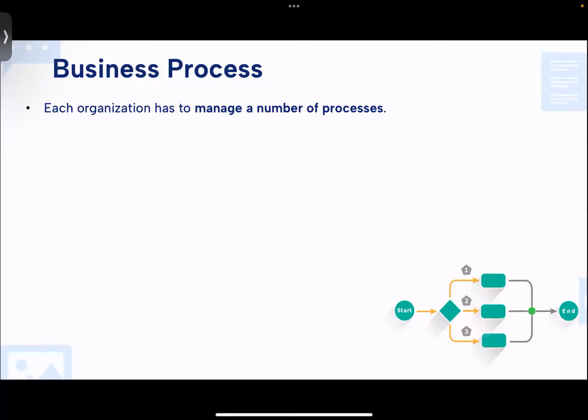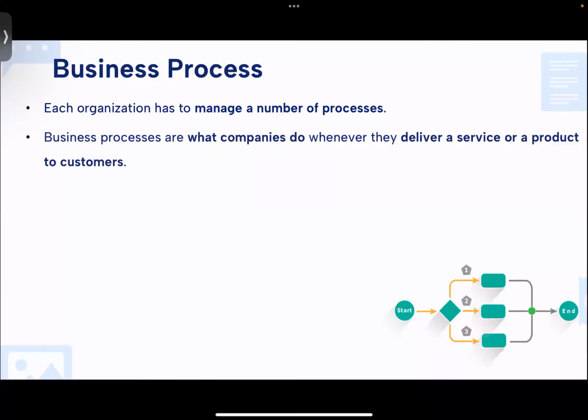For example, if you consider the whole organization, we can identify one single process. Within that particular process, we can identify a number of processes. As an organization, you have to manage those processes. Those processes are known as business processes.